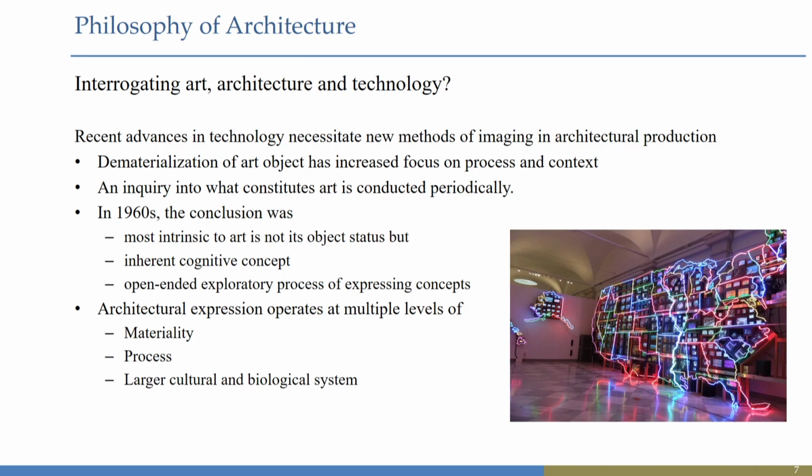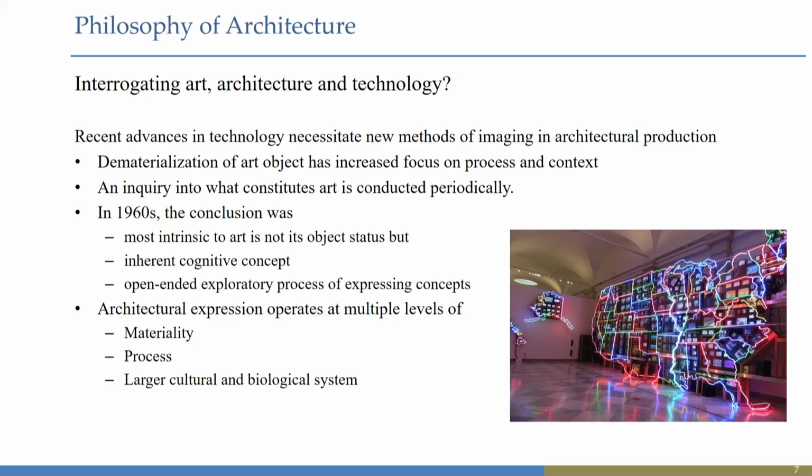For example, dematerialization of the art object has increased focus on process and context, which means that because of technology we are able to dematerialize. If the end object is not really a material, if it is not an object that can be touched and felt, then what is it?